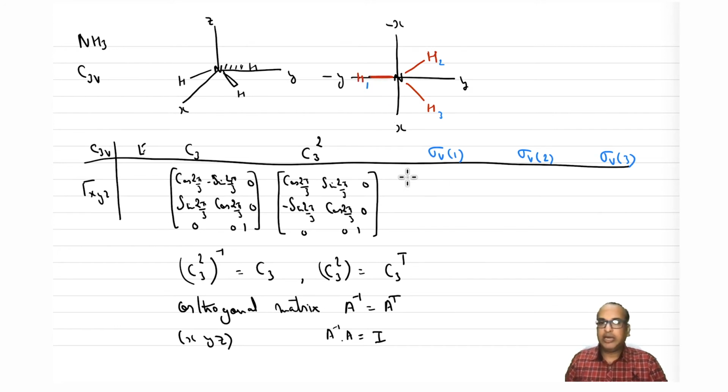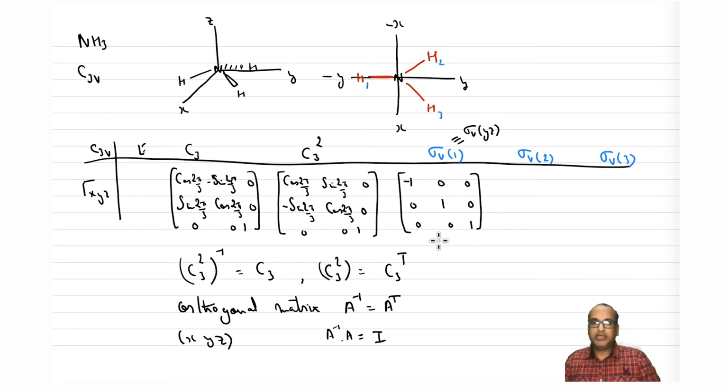So because it is lying along the yz plane, this is equivalent to sigma yz. And we have seen in the case of water how to write for sigma yz. So only x becomes negative and the rest of the elements are same as E, right? Because y and z do not change in this. So that is again easy.